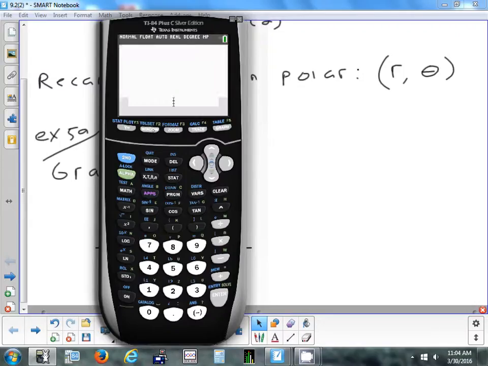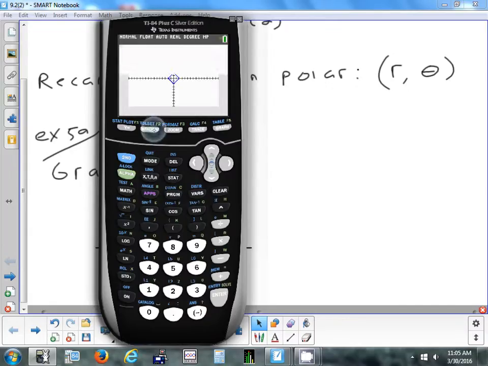All right, so any questions on that? It's very, very similar to parametric. Set your theta step correctly, not too low. For example, if I did it at 90, how many points would it graph now? 5. 0, 90, 180, 270, 360. And 0 and 360 would be the same, so it's basically going to look more like a diamond.